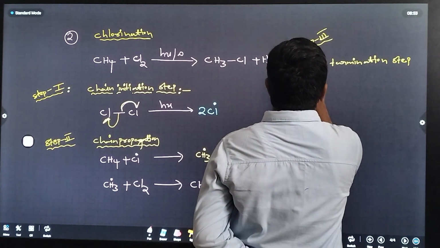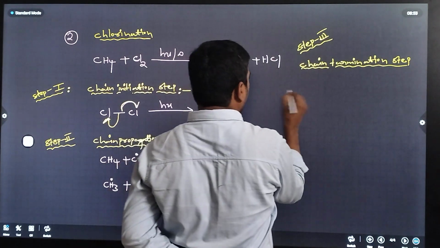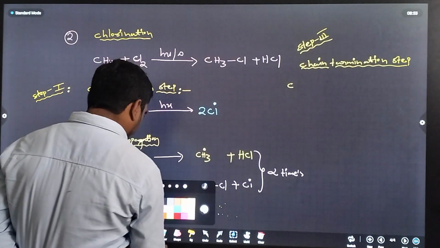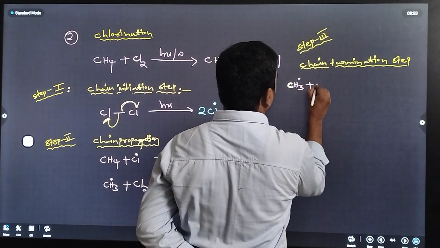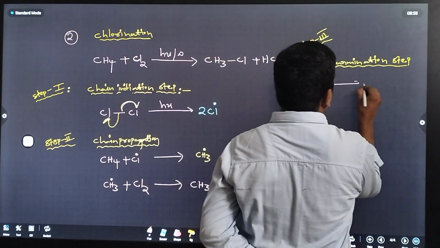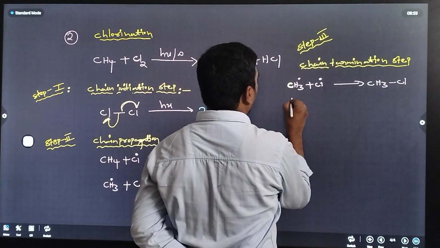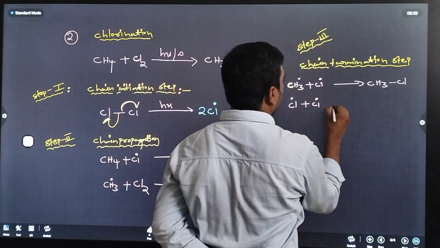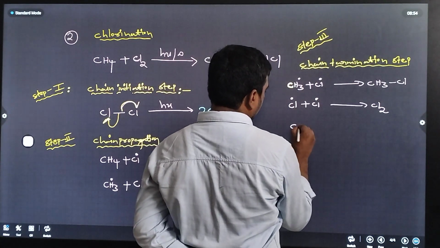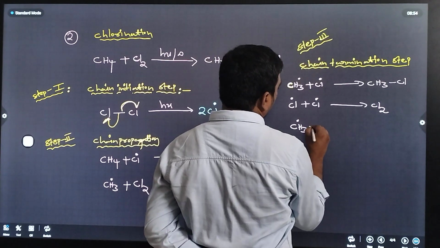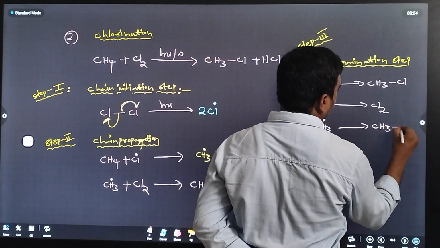So I can write here: CH3 radical plus Cl radical gives rise to CH3Cl, and Cl radical plus Cl radical gives rise to Cl2, and CH3 radical plus CH3 radical combines to give ethane.